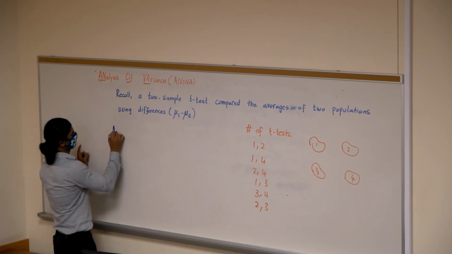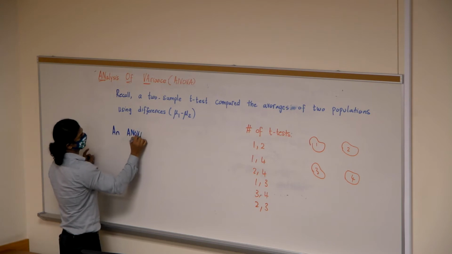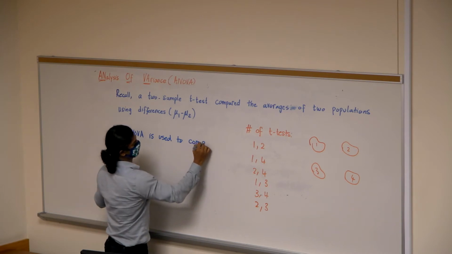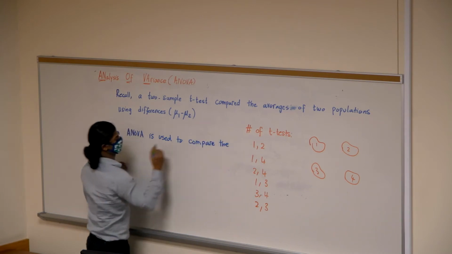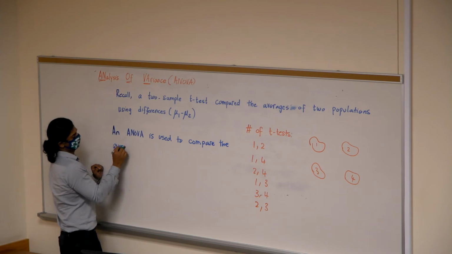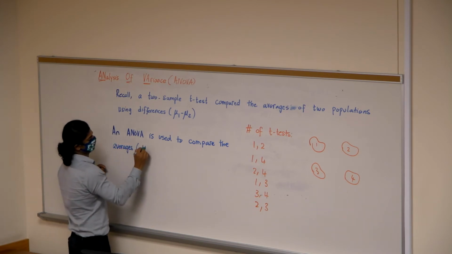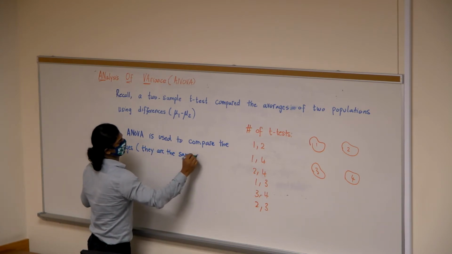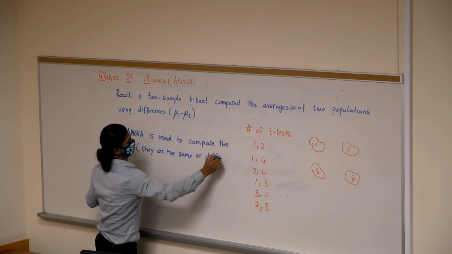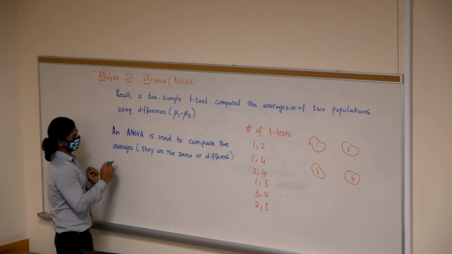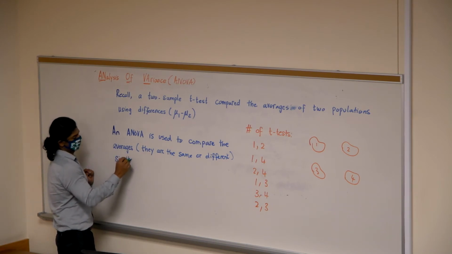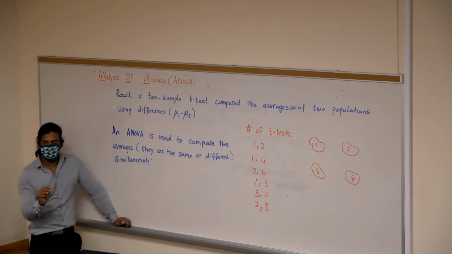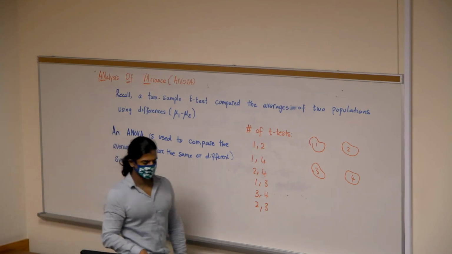An ANOVA will compare the averages of all populations simultaneously.